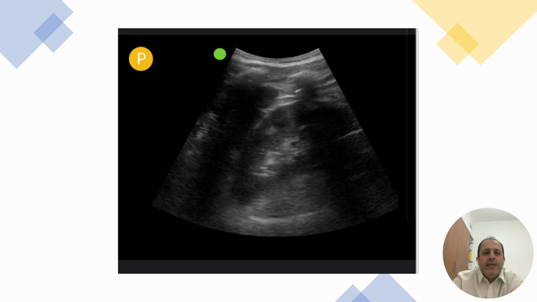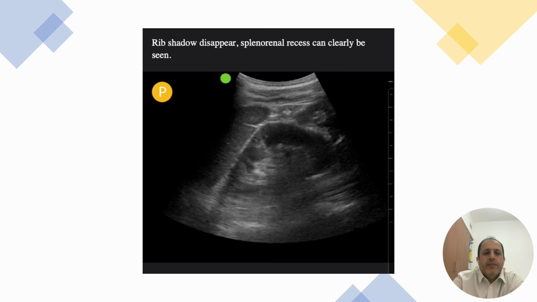And here what we can see is just shadowing. So in these cases we cannot interpret. It's an inconclusive study. So in this case it's better to just tilt the probe, change the position to remove the shadow, and here we have a clear image where you can see the splenorenal spaces, and here also it is the inferior pole.